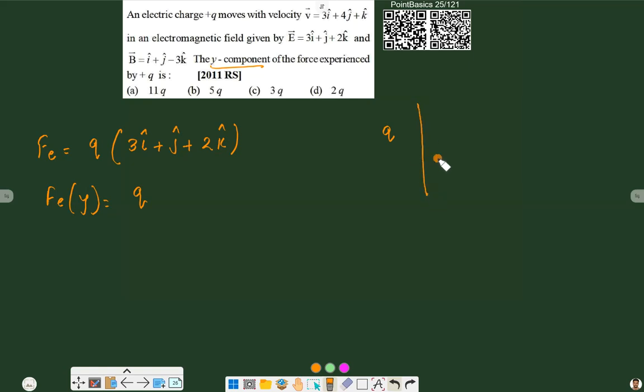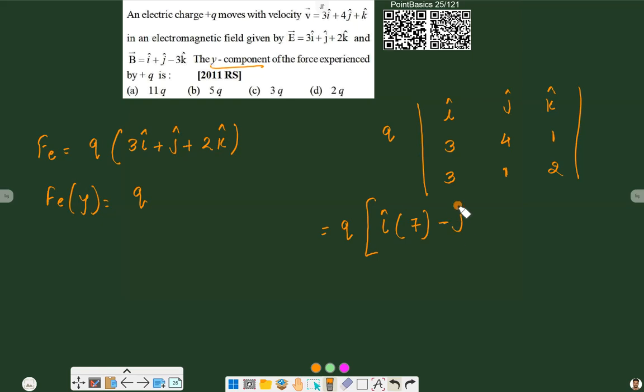Q times V cross B, with rows I, J, K; 3, 4, 1; 3, 1, 2. So Q times I, 8 minus 1, so 7.